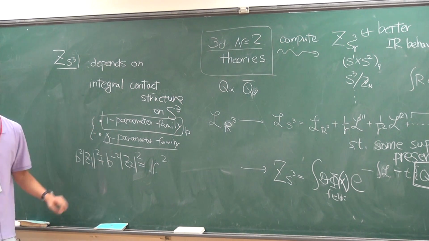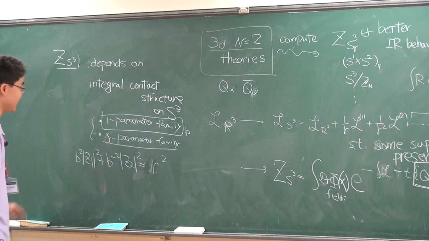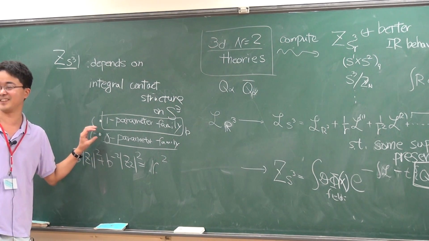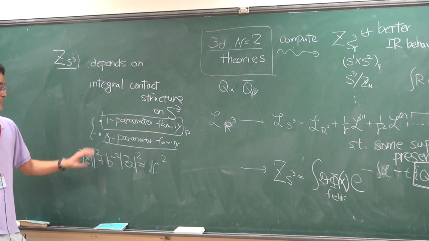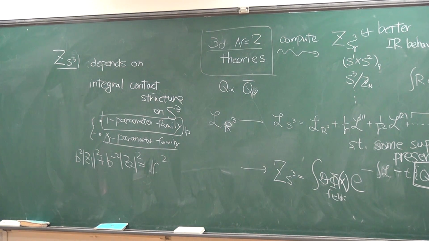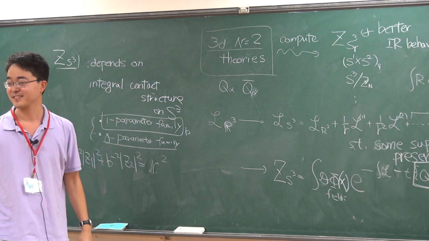You want your partition function to depend on some continuous parameter. Yeah, that's right. But maybe even if it doesn't have a continuous parameter, it might be useful for checking the duality. But then it goes back to the question about the UV regularization. It's not obvious what it means to have a partition function with no parameters. Sorry, but it still depends on some parameters, like the mass parameters.